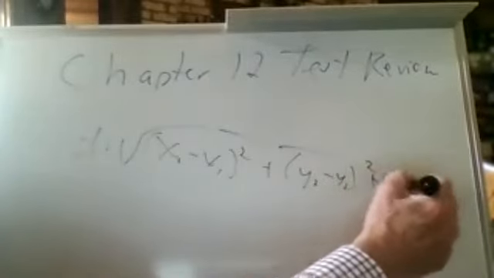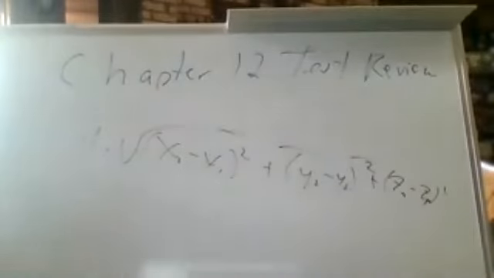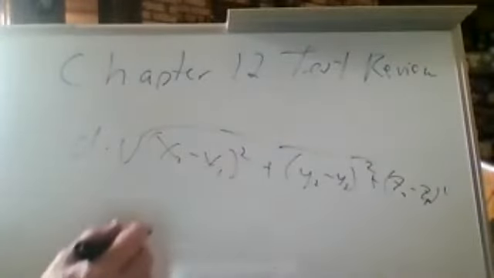So it's just the basic distance formula, except we added a 3rd point, okay? So you plug in your x values, you plug in your y values, you plug in your z values, and you come up with the answer to the nearest tenth, okay? Pretty simple, we're just adding a 3rd item there.